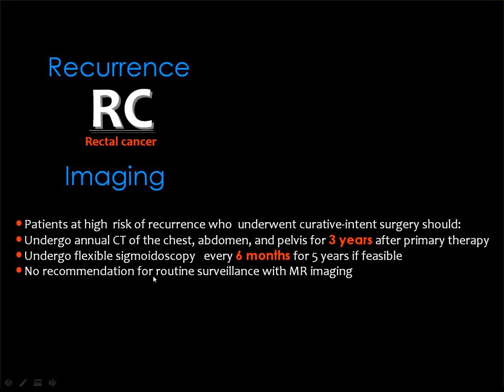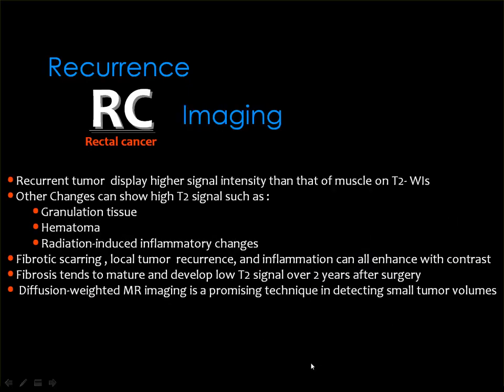And there is no recommendation for routine use of MRI for follow-up. Then recurrent tumor displays high signal intensity compared to that of the muscle, while other tissues may also show high signal intensity, like granulation tissue, hematoma, and radiation-induced inflammatory changes.